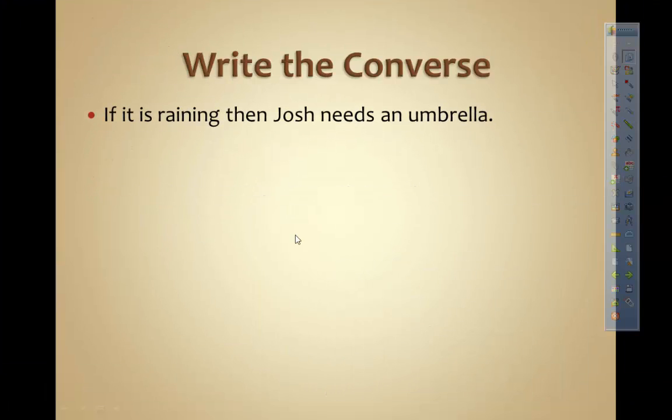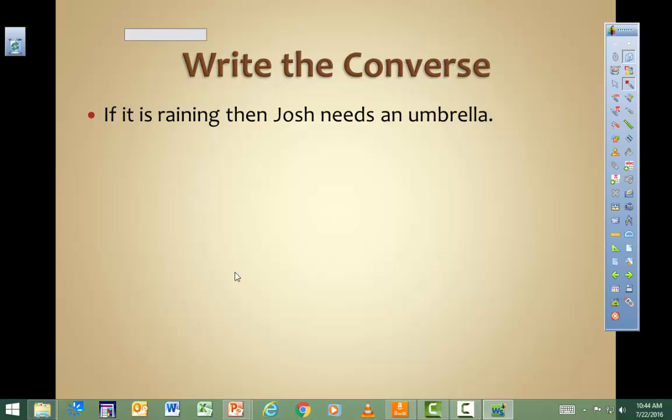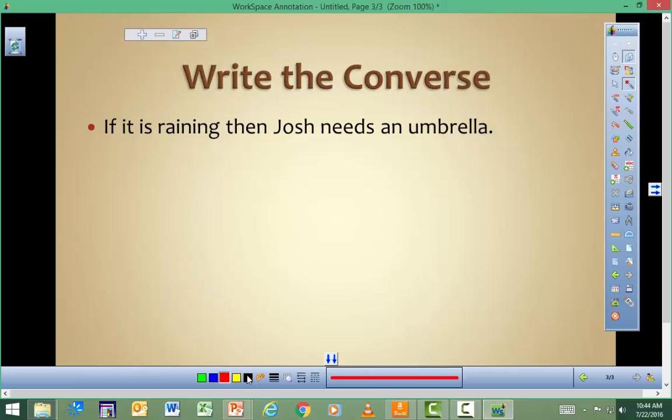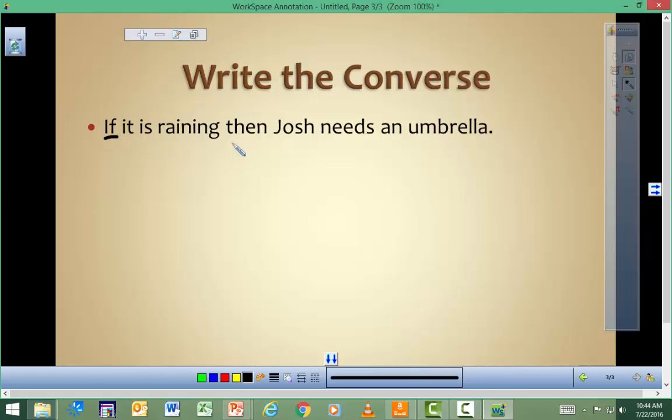So let's start out by practicing by writing the converse of the statement. Remember, the original statement is the conditional statement. It has an if part and a then part, and this part here is the P, this part is the Q. Remember, that's how we write the conditional statement.